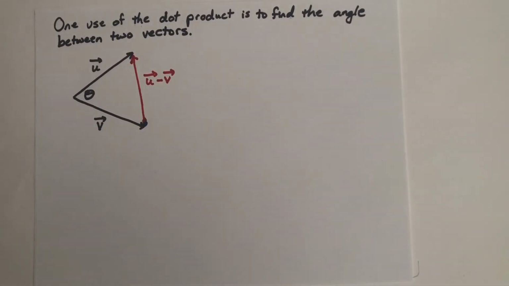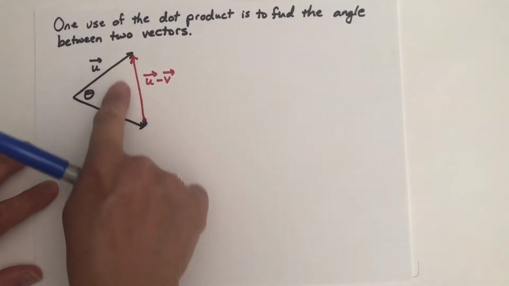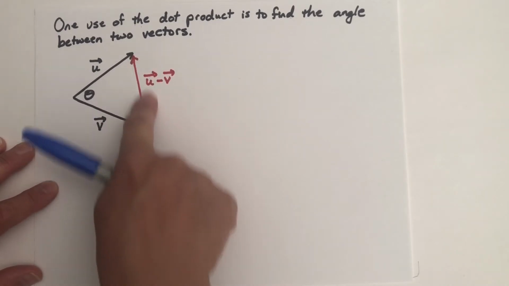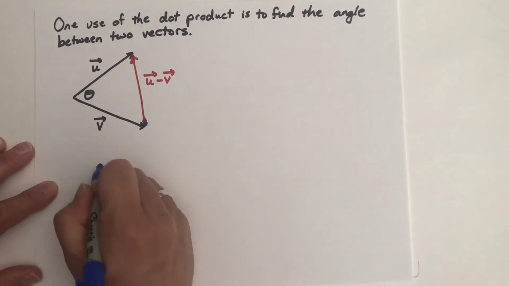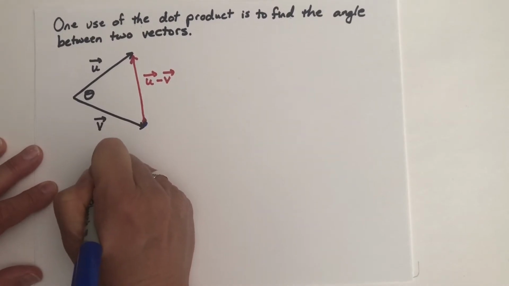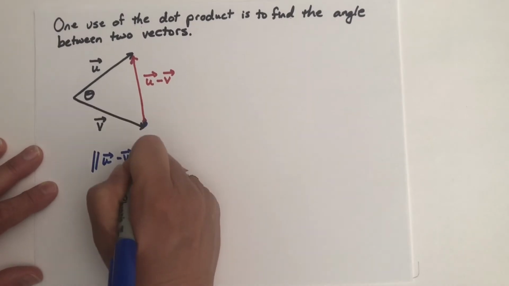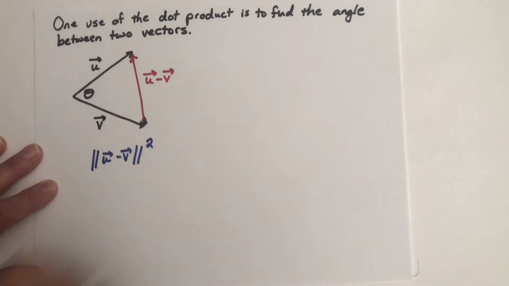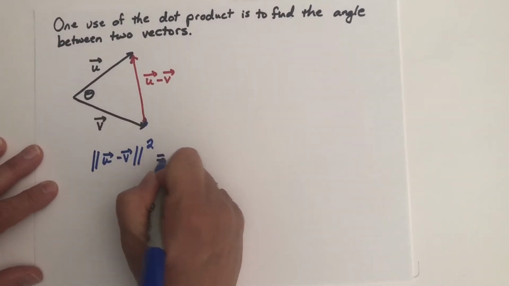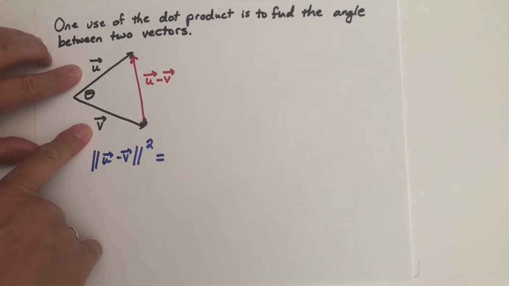So we're going to develop the formula using the law of cosines. Remember, that means we would take the square of this side, so we're talking about the magnitude of this side. So we have the magnitude of u minus v, squared, equals the sum of the squares of the other two sides.